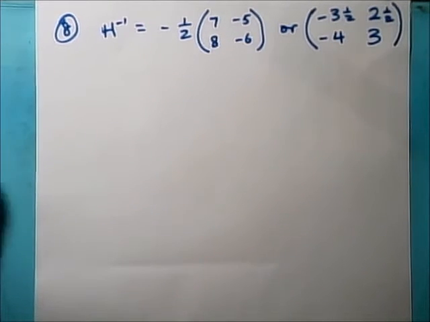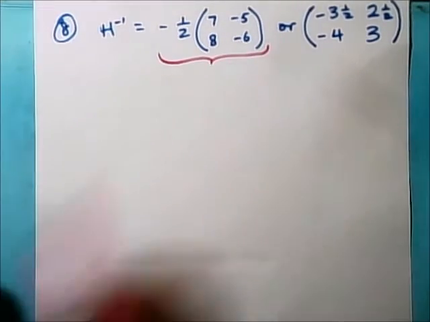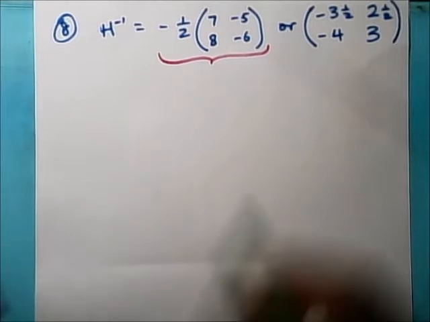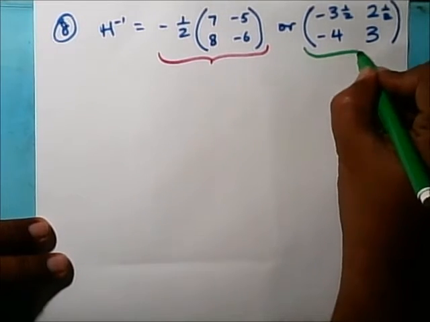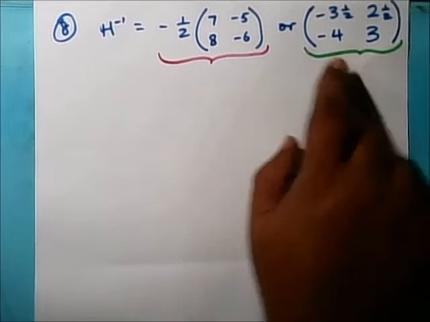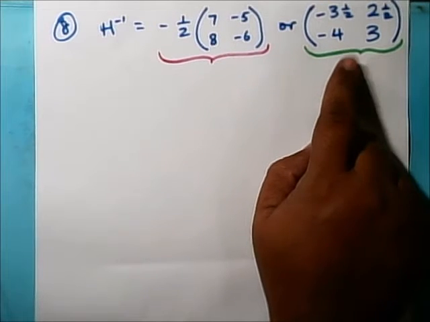We said this one was the better one to use for further calculations, and the other would have been the better one to use as a final answer if you just stop right there and want to present your inverse answer. But this one is better for further calculations. So let's experiment using this one now.